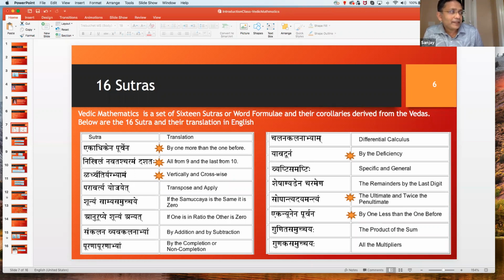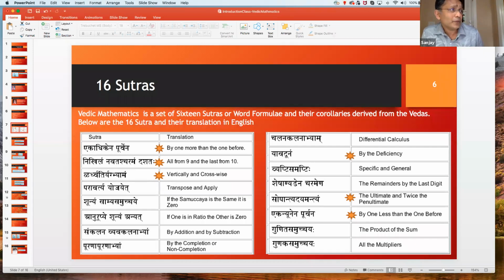The reason I wanted to bring this out is because it's a huge, vast science. You really can't do justice teaching every bit of it in this pack of 16 hours. So I picked these 6 sutras that are at the beginner level, and that students can use more often in their school curriculum.